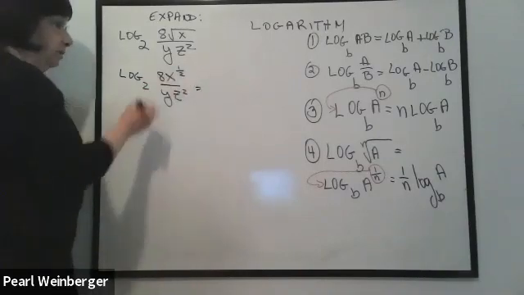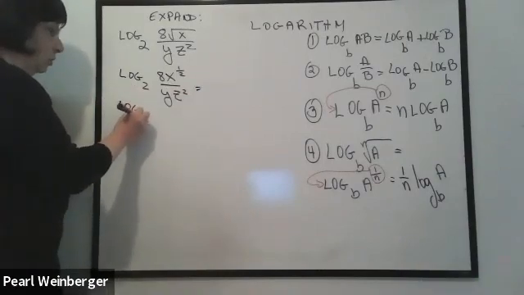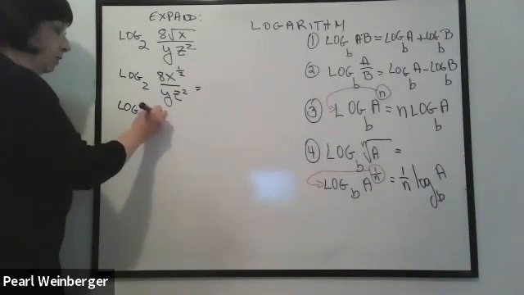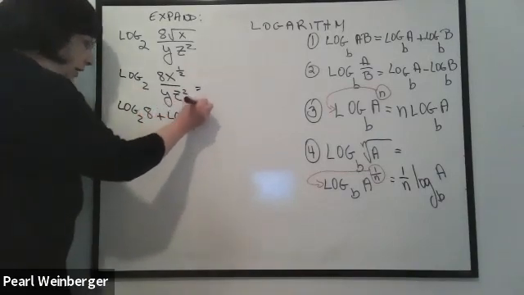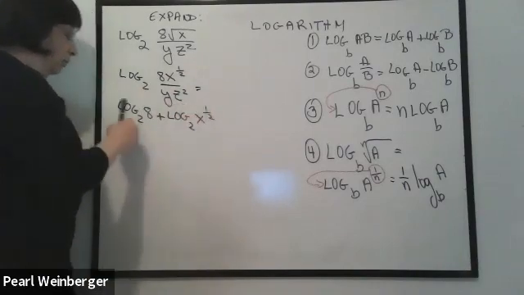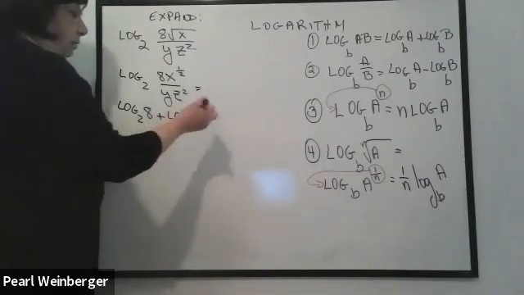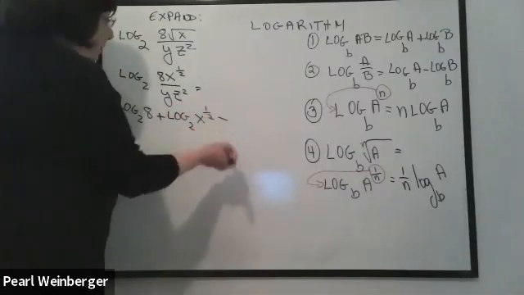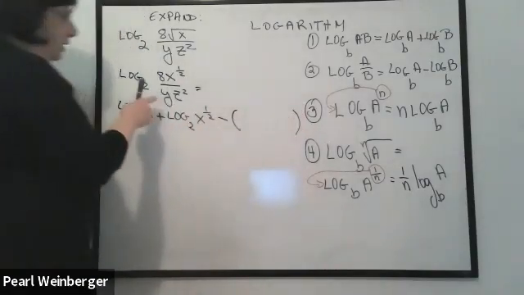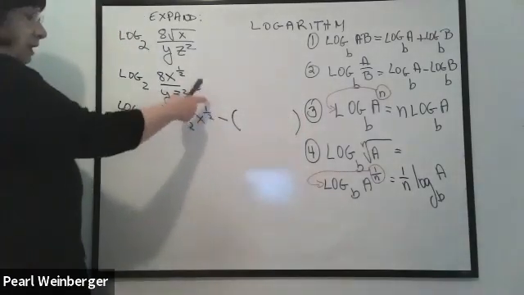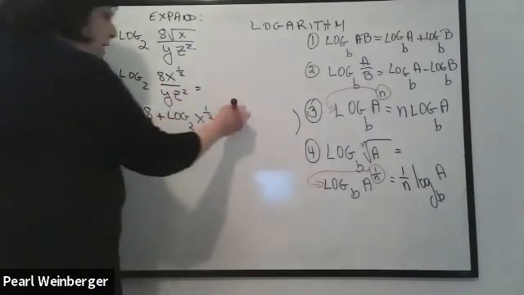So when I expand this, it's going to be the log base 2 of 8 plus the log base 2 of x to the 1/2. Because when I'm multiplying, I add exponents, which means I'm adding the logs, minus, now notice I'm going to have to subtract the whole thing because this is all in the denominator, it all has to be subtracted.